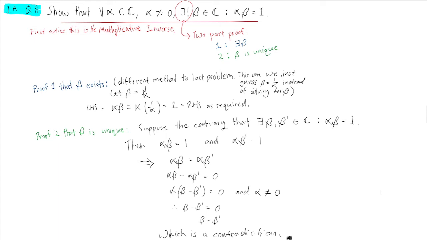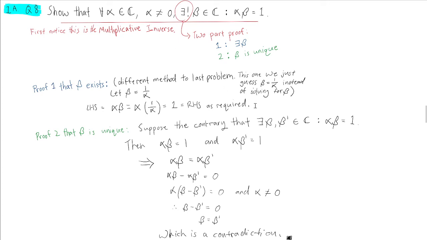So we let beta equal 1 over alpha, which is a multiplicative inverse. And the left-hand side of alpha times beta equals 1 is alpha times beta, which equals now alpha times 1 over alpha, because we set beta to 1 over alpha, which equals 1, which equals the right-hand side as required. And we can do this because the multiplicative inverse has been defined.